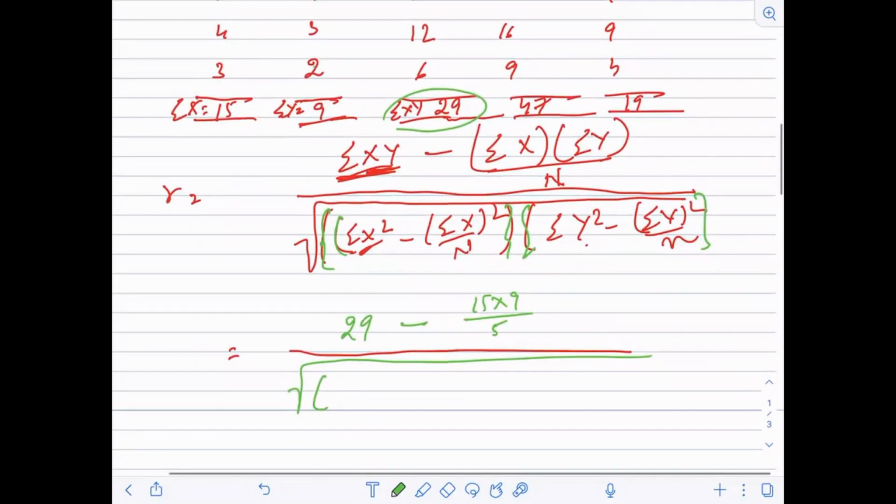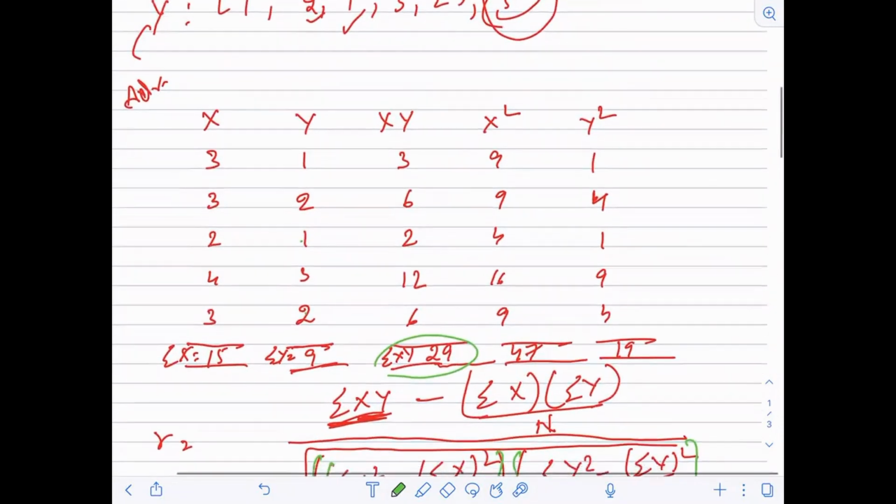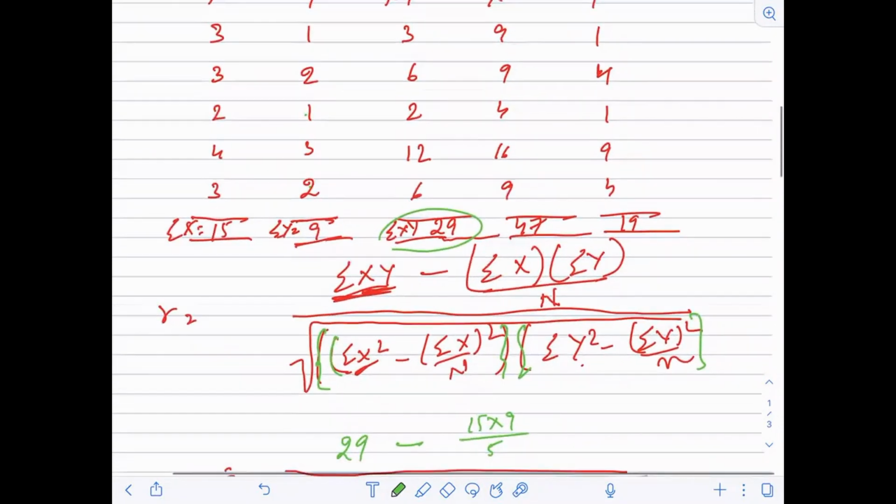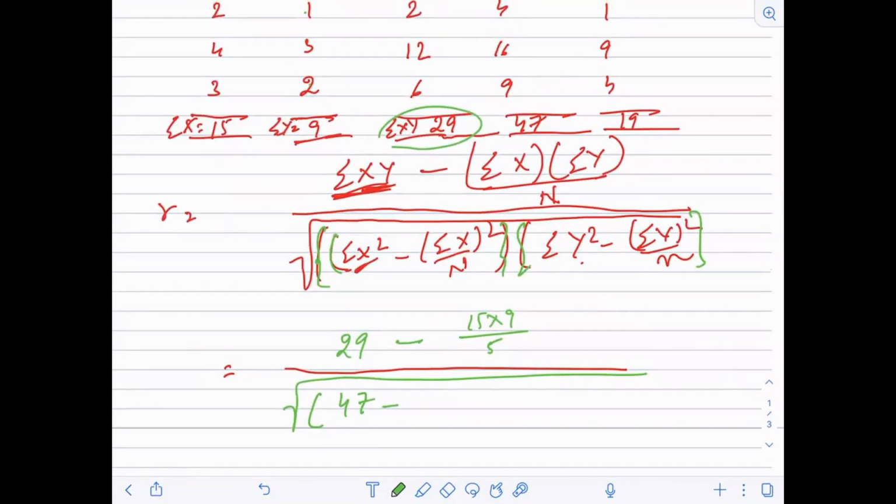Sigma x square is 47, if I'm not mistaken, minus sigma x whole square. Sigma x is 15, squared, divided by 5. And then next is sigma y square.